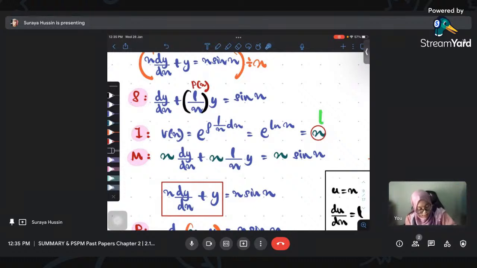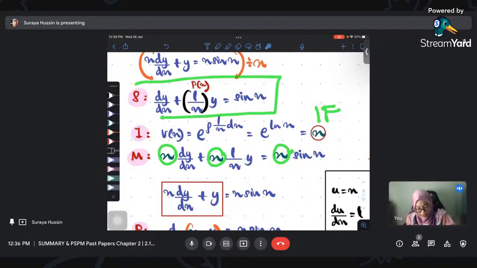This is our integrating factor, which is needed at the multiply step. At this multiply step, we multiply our integrating factor with every term. Which terms? Multiply with the simplified version.